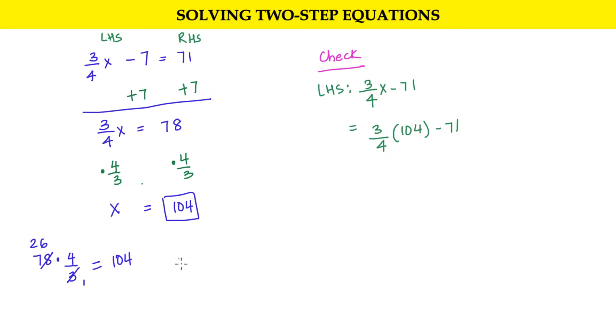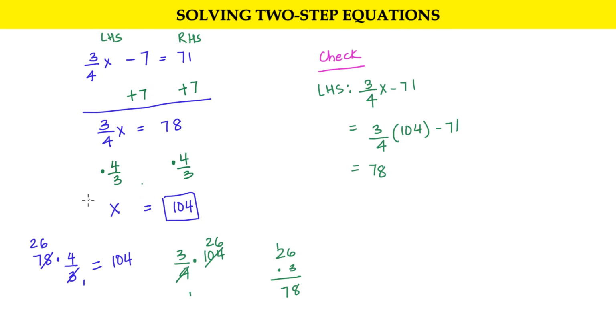Let's see what 3/4 times 104 gives you. 4 goes into 104 26 times, and 26 times 3, 3 times 6 is 18, so that is 78.